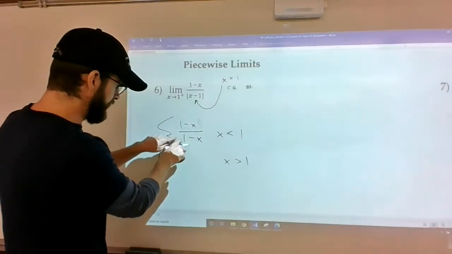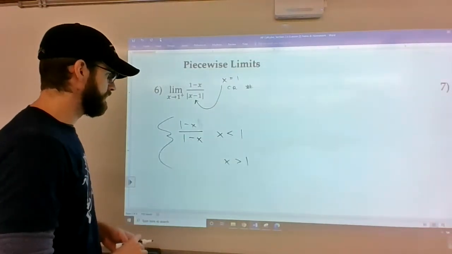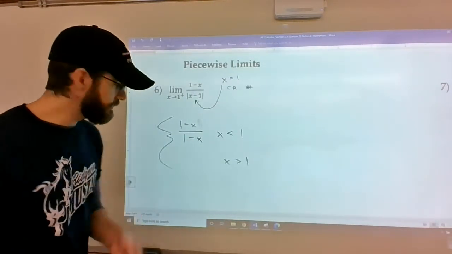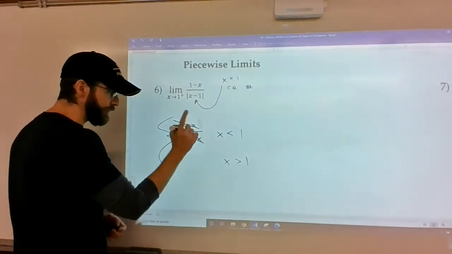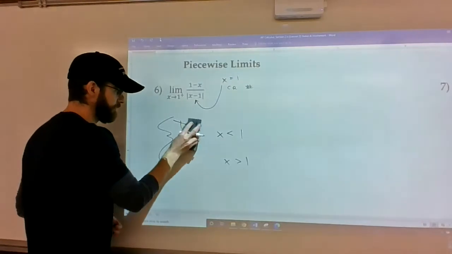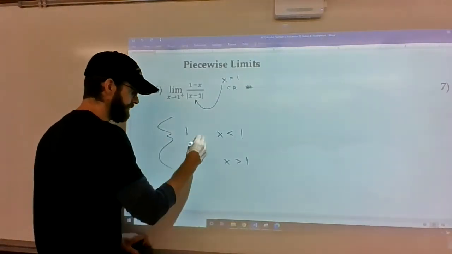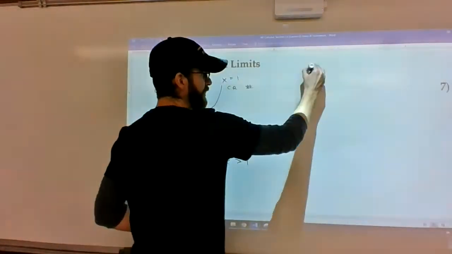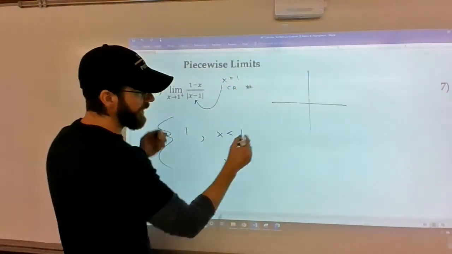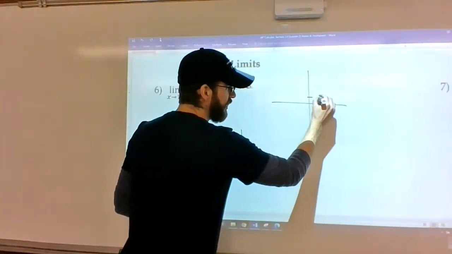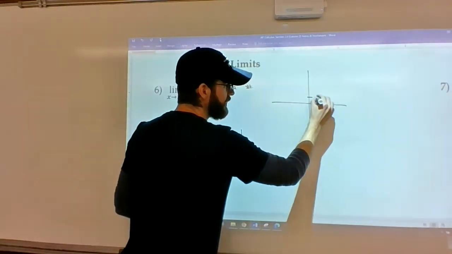Anything divided by itself yields 1. So it looks like the function is a y value of 1 starting at x equals 1. It just looks like this.